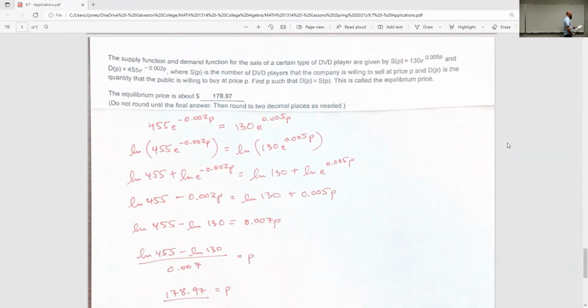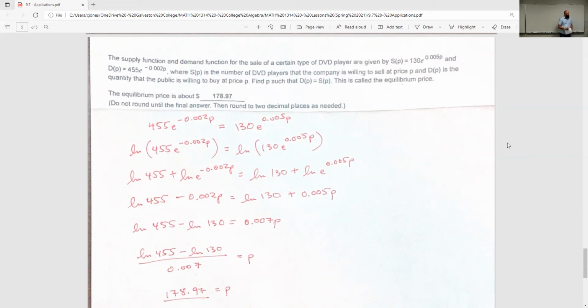All right, this says we have a supply function and a demand function. So we're talking about business here, supply and demand. It says the sale of a certain DVD player is given by S of P equals 130 e to the 0.005 p.